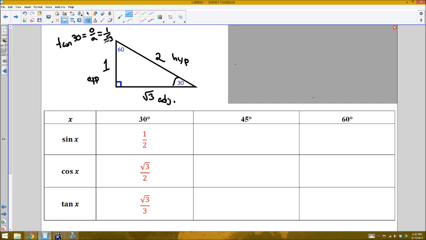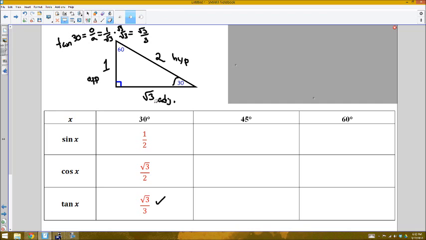But in math, we don't like to leave radicals in denominators, so we have to rationalize. I multiply by rad 3 over rad 3, my rationalizing factor, which gives me the square root of 3/3. So that's actually where all these values come from. I'm just looking at the special right triangle that has a 30-degree angle in it.